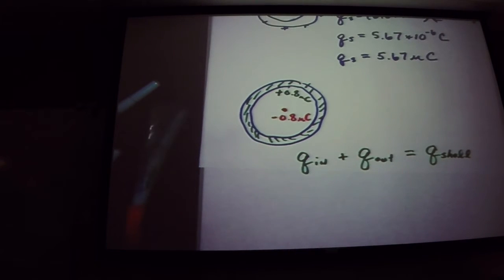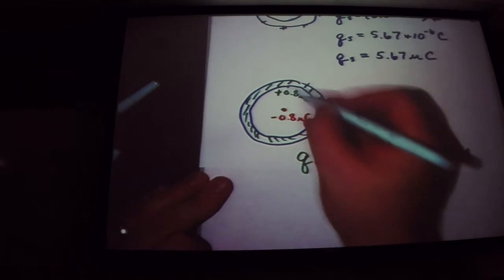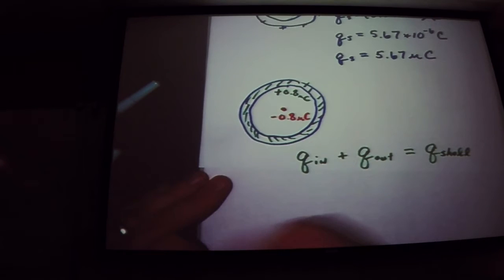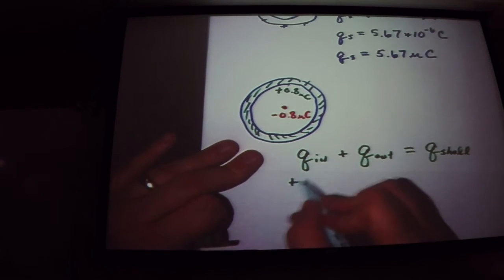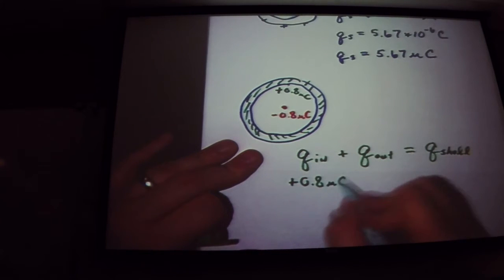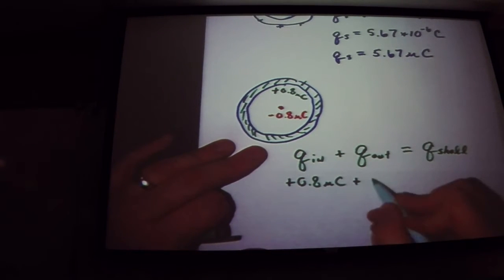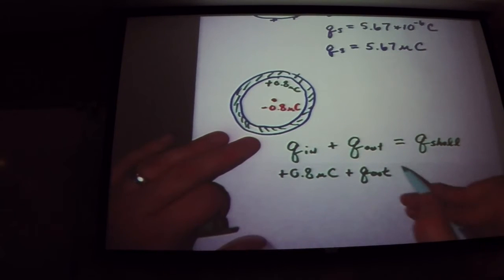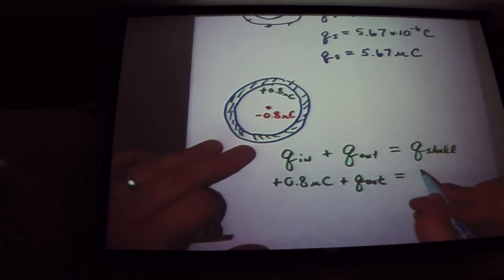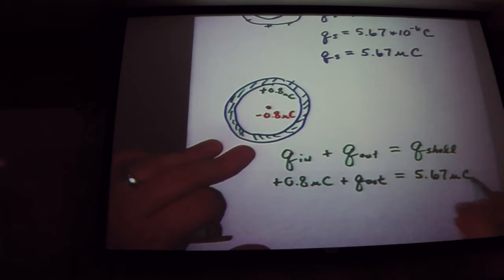So now I can figure out the charge on the outside of the shell. I've got on the inside of the shell positive 0.8. On the outside, that's what I'm trying to find, Q out. The total is 5.67 microcoulombs.